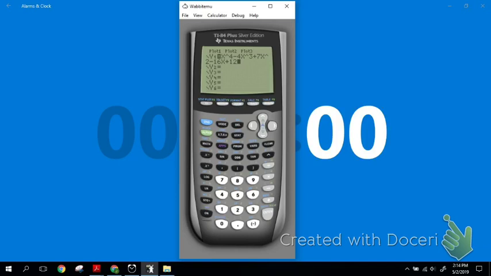And then we're going to go ahead and hit graph. I'm probably also going to hit zoom standard at some point, because that's not helping me out much.